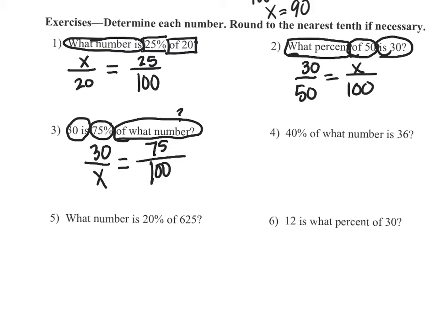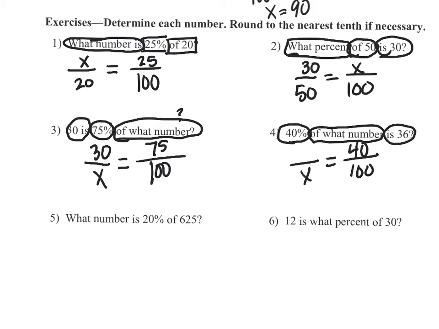Same thing on number 4, okay? We have 40%. That's clearly a percent. We're going to put it there. Of what number? Okay? That means of is our x because we don't know it. Is 36. So 36 is going to go on top. Okay?